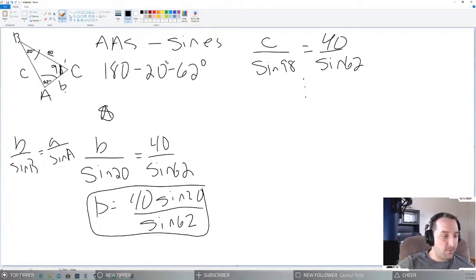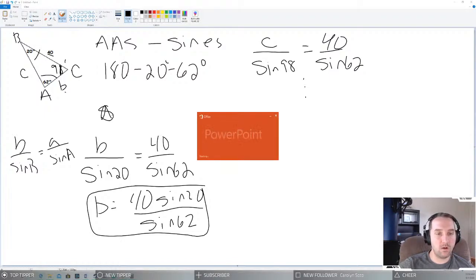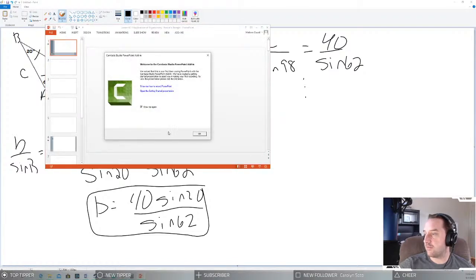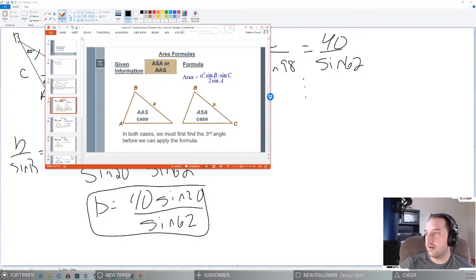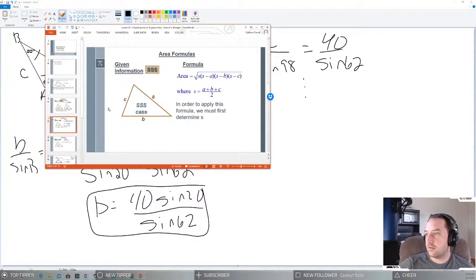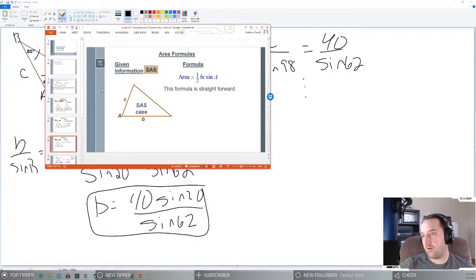Now I just want to point out the lesson so you can look at the area of the triangles. If you go to lesson 42-1, that's where you can get all the different formulas. I lay it out depending on whether it's angle, side, angle, or angle, angle, side, or side, side, side, or side, angle, side, we have all the different values.